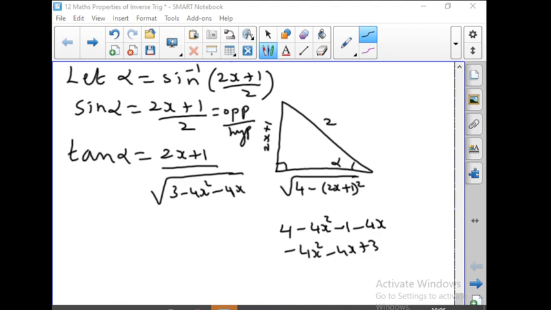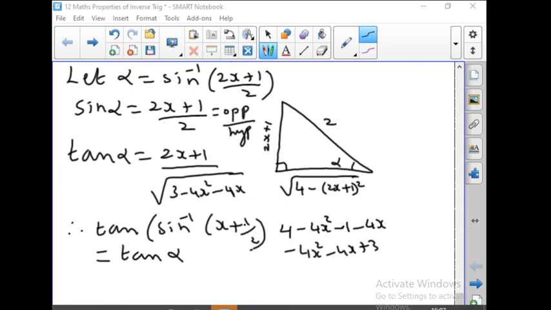Now what is the question? Therefore what we have got? Tan of sine inverse of x plus 1 by 2 is equal to tan alpha, because this we have taken as alpha.